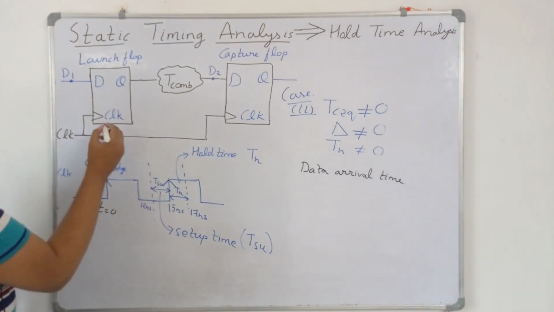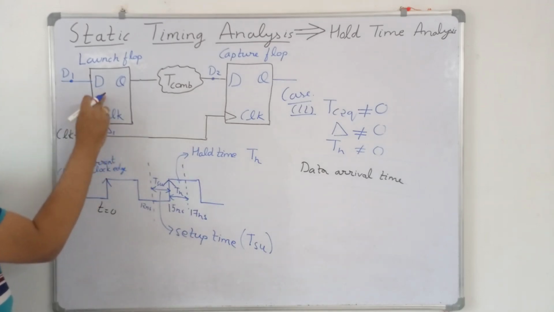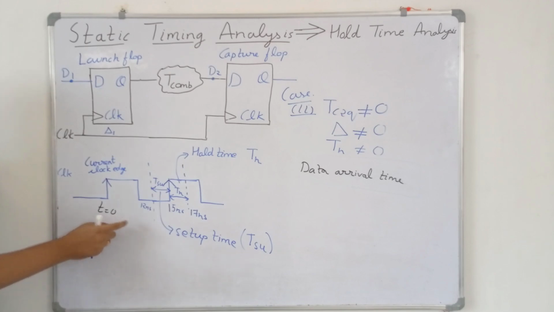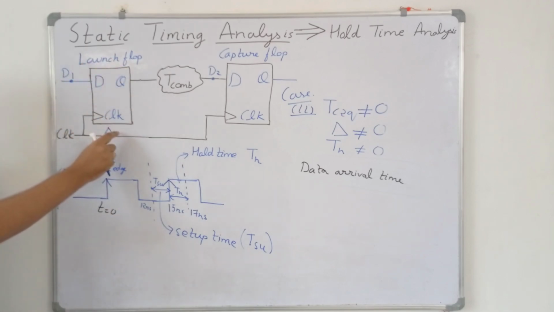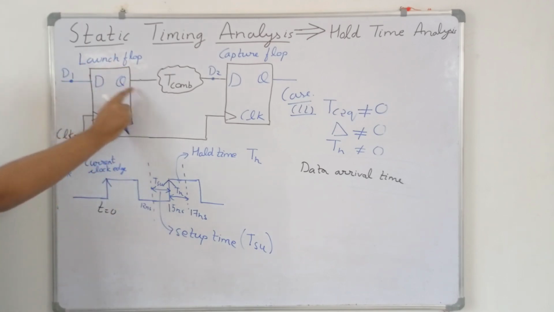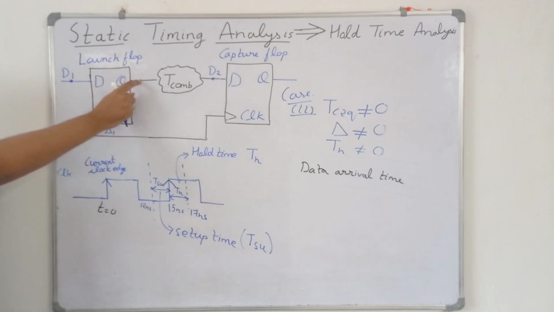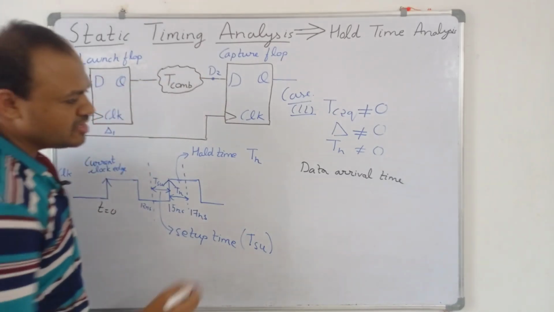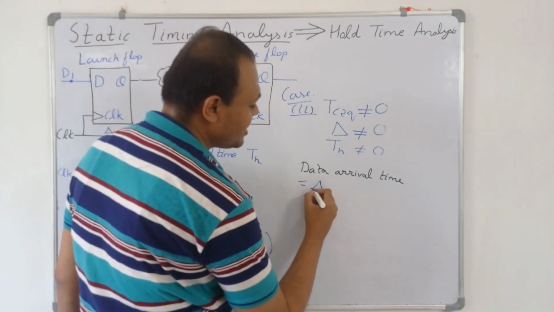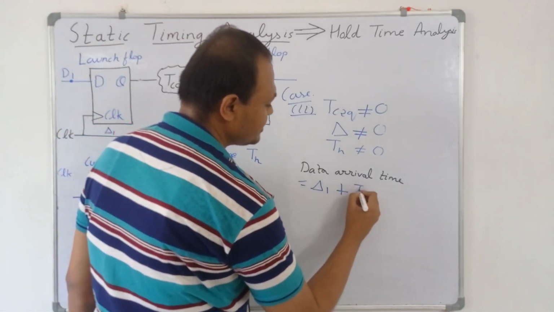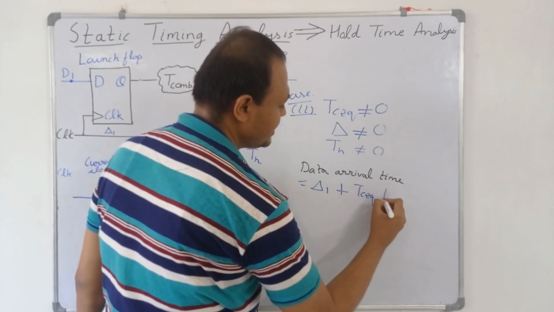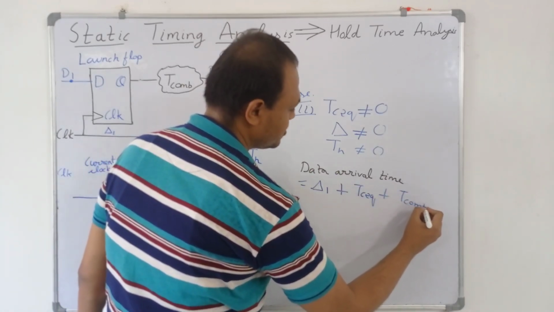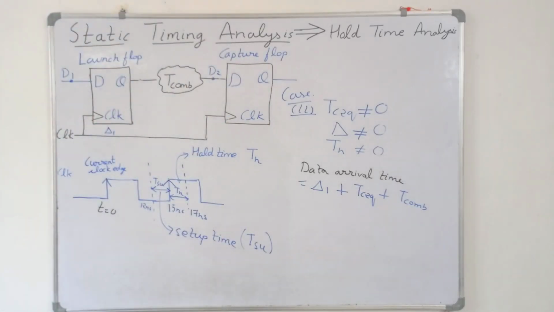So let's suppose the clock will take time delta 1 to arrive at this launch flip-flop. So if the clock edge is at t equal to 0, then it will arrive at this launch flip-flop at delta 1 time. Then it will take tc2q time to arrive at the output. Then it will take t combinational time to arrive at this point. So data arrival time will be equal to delta 1 plus tc2q plus this combinational logic delay tcom. So this is the data arrival time.